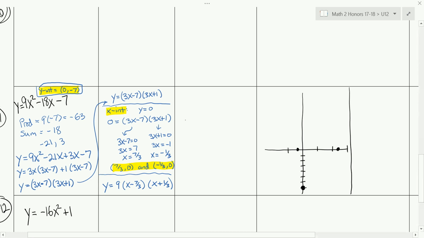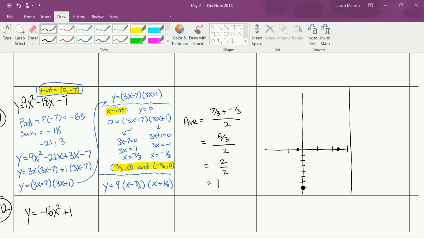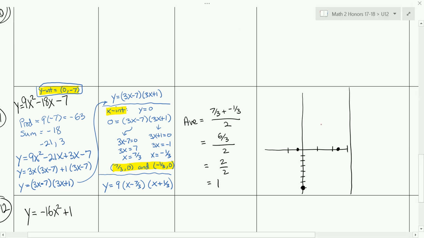And here's how you find the middle. So the average is 7/3 plus -1/3 divided by 2. Okay, and so when I add those up, I get 6/3 divided by 2, which is 2 divided by 2, which is 1. So I found the middle of my graph. I'm going to draw the middle, which we call the axis of symmetry.